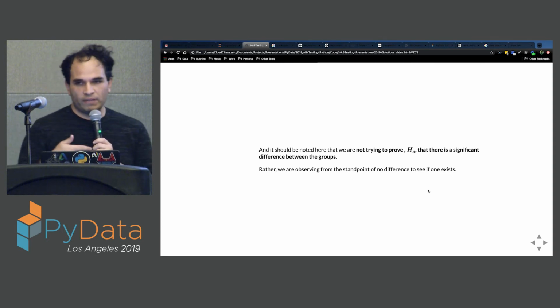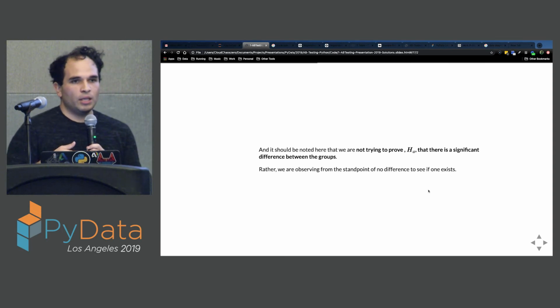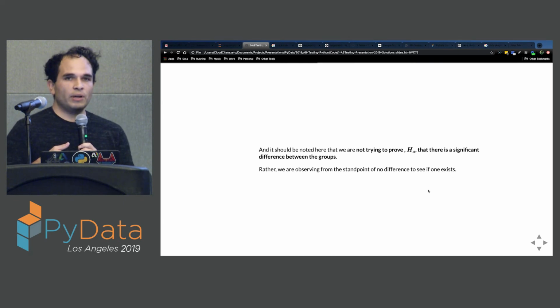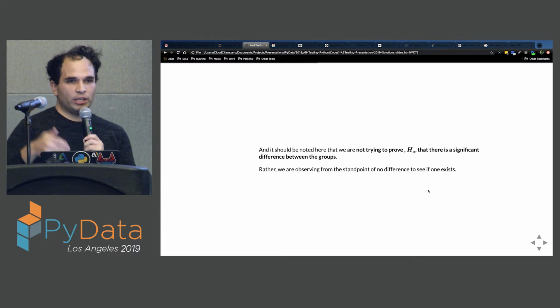And the reason why I emphasize this is because it's very cautious and risky to come in front-facing and try to show with conviction that there is a difference.